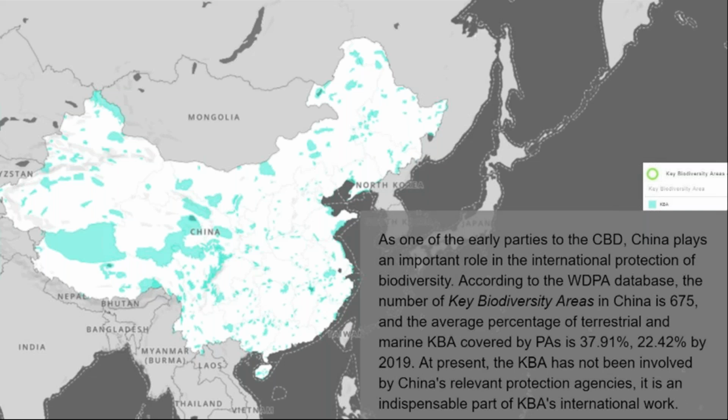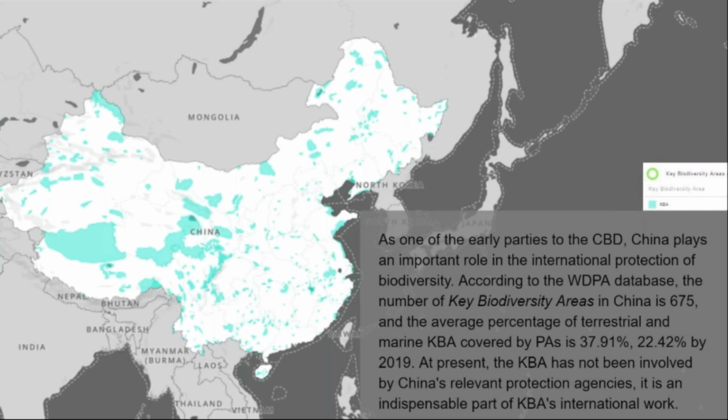The key biodiversity area is an important element of Target 11. According to the World Database on Protected Areas, the number of key biodiversity areas in China is 675, and the average percent of terrestrial and marine key biodiversity areas covered by protected areas is about 38% and 22% by 2019.